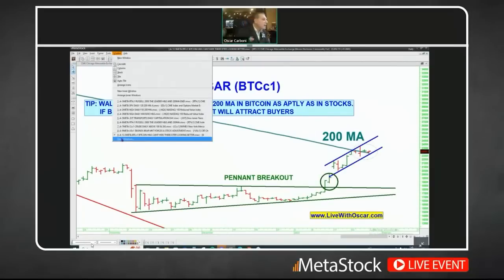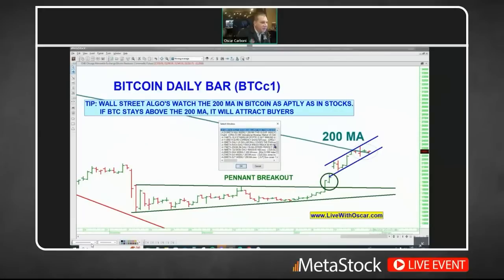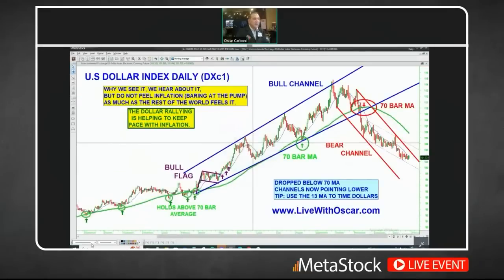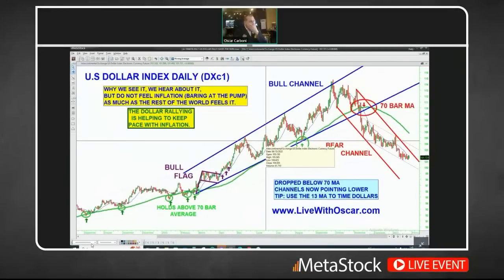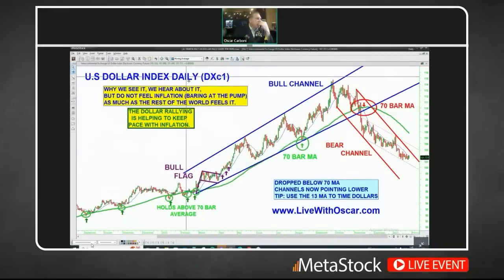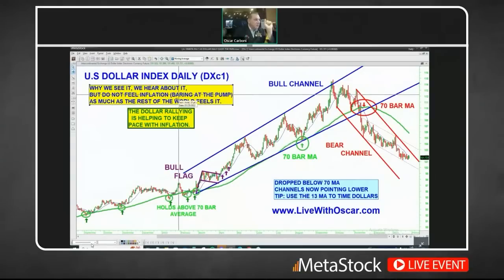So what else did we look at in the past that we can glean together? We did Euro, or the dollar index. Okay, so traders, when we were looking at the dollar index last, this is what we said. We see it, we hear about it, but we do not feel inflation at the gas pump as much as the rest of the world does. Why?